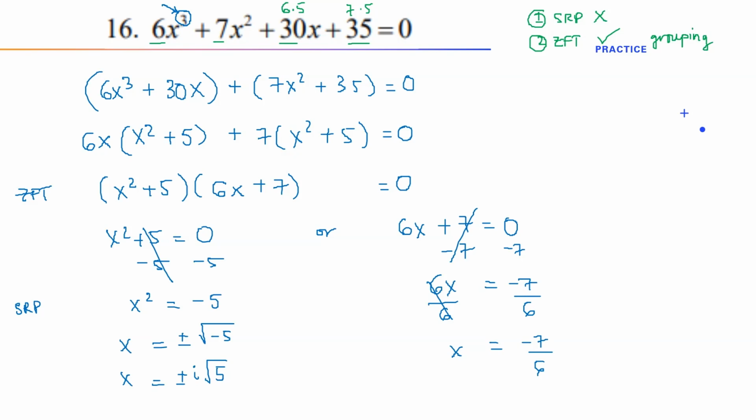We will have a maximum of 3 solutions. So this is 2 solutions and this is 1, so 3. 2 imaginary complex number solutions and then 1 real solution.